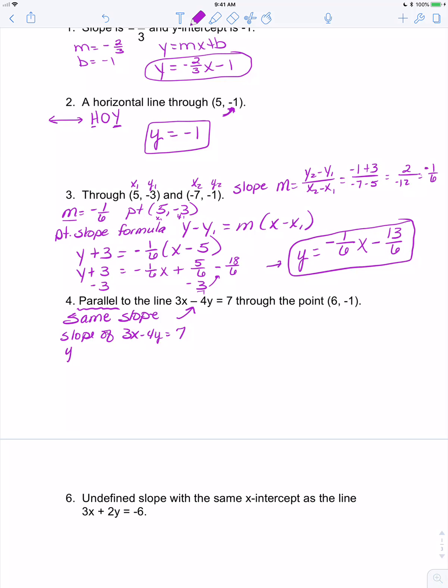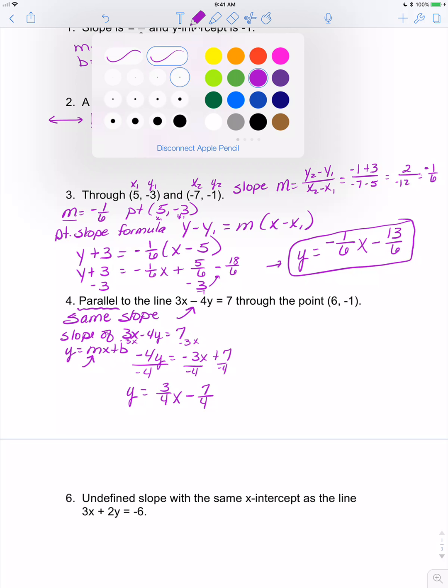Remember, if we put it in y equals mx plus b, we're told what that slope is with the m. So let's move our 3x over. That gives us negative 4y is equal to negative 3x plus 7. Divide everything by negative 4. So y is equal to 3/4 x, because negative divided by negative makes it a positive, minus 7/4.